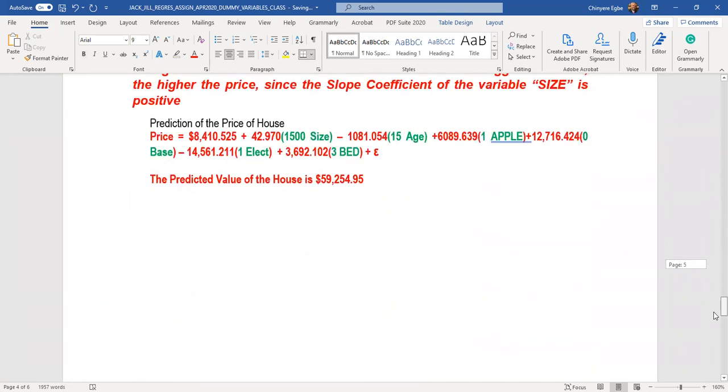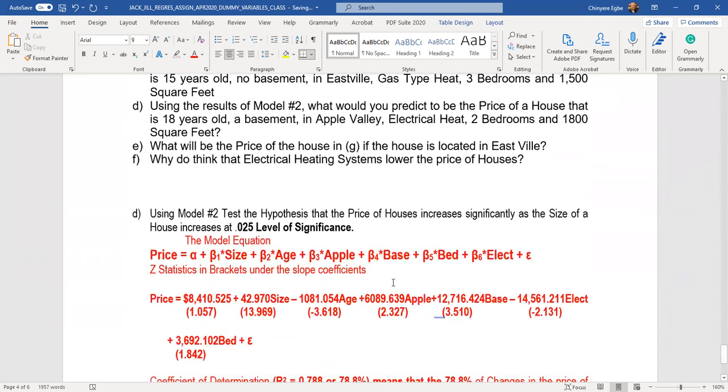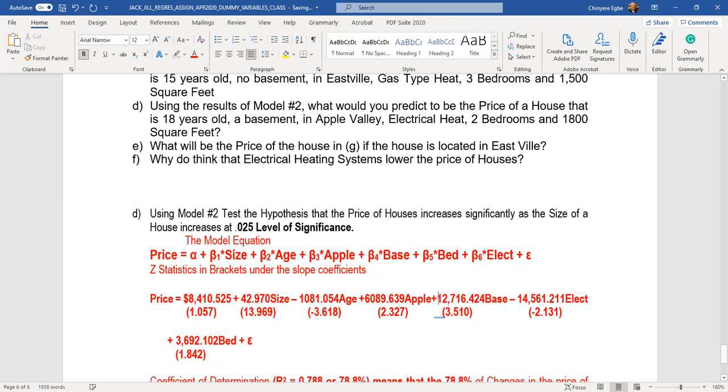And those are the numbers that we have right here. 8410.525 plus 42.9097 times size minus 1081 times age plus 6089 times Apple, if the house is in Apple Valley. If the house is in Eastville, then this becomes a 0.